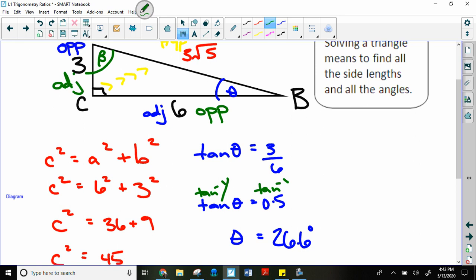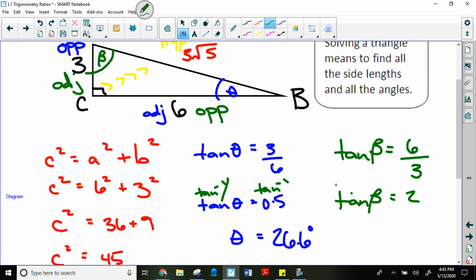But I'm going to use tan again, because why would I want to use any other numbers than 3 and 6? My opposite and my adjacent are going to be different. So tan of beta is the opposite side over the adjacent side, which is 6 over 3, so tan beta is 2.